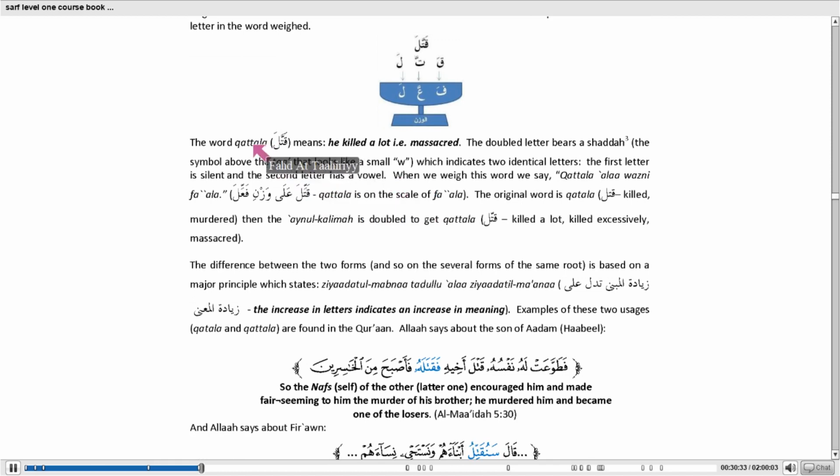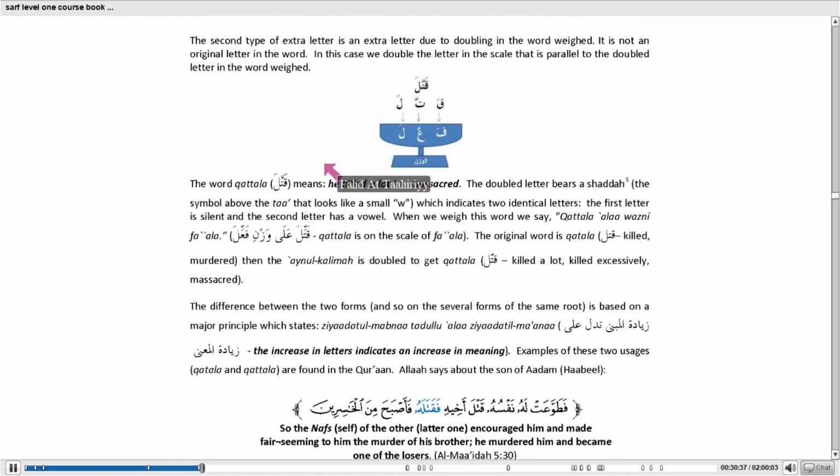So the word qatala here, one might say, what's the difference between qatala and qattala? Doubling the letter, especially the middle letter we're talking about now, what will it do? What's the benefit of it?